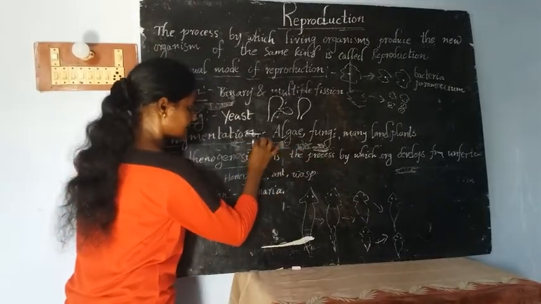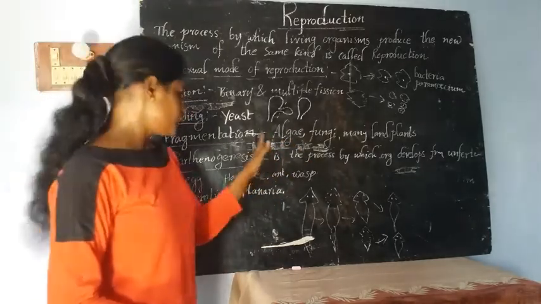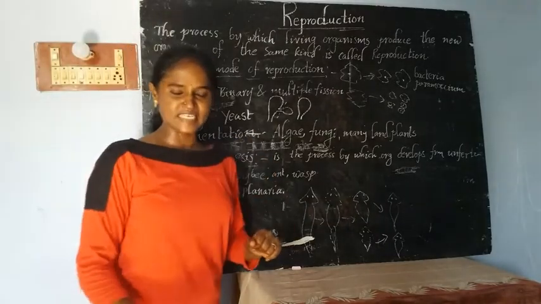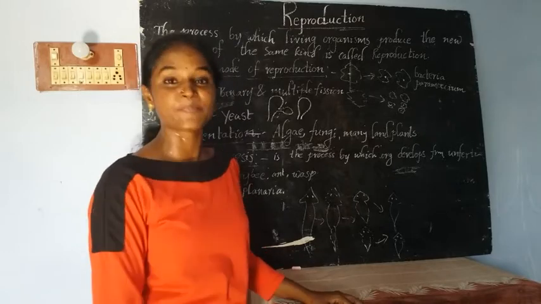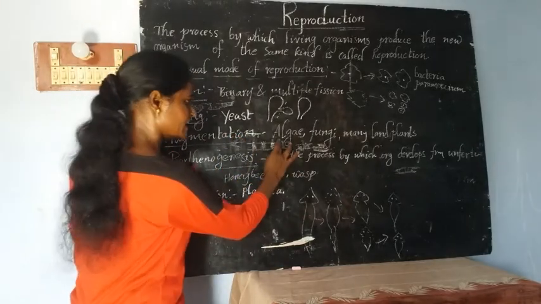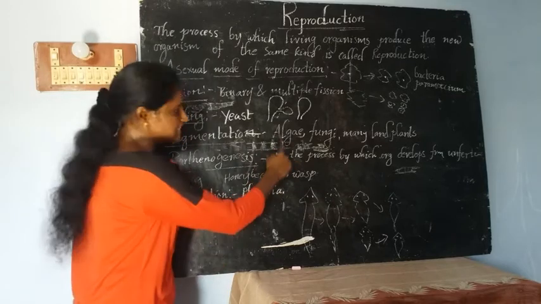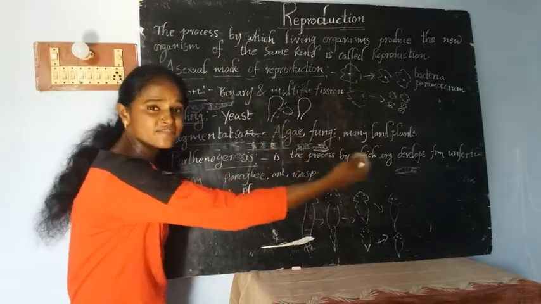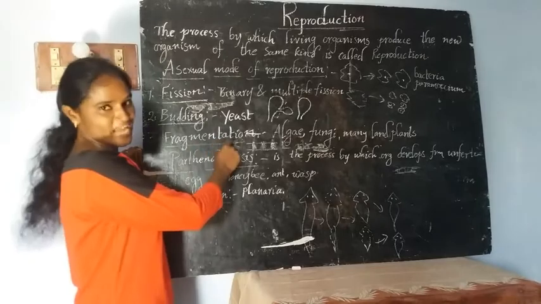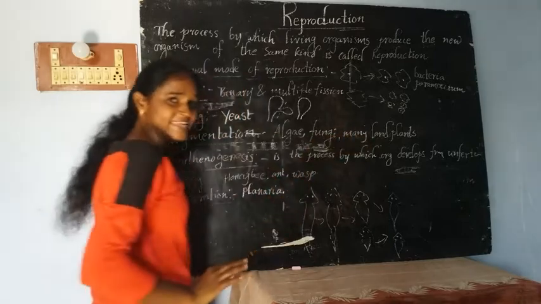Imagine it is a strand of algae, and if the parent body is cut into small pieces, and each small piece has the capability to grow into a separate individual, this process is called fragmentation. The best examples for fragmentation are algae, fungi and many land plants.